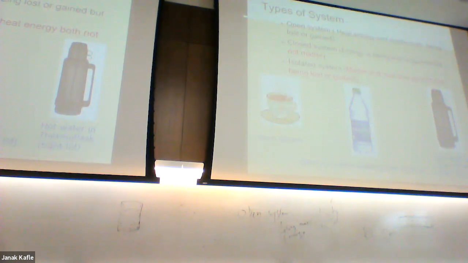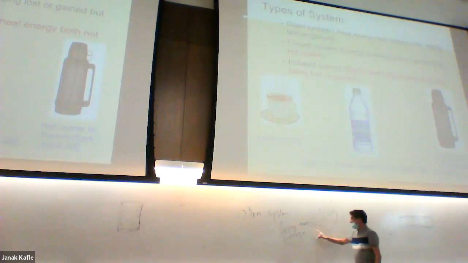So an open system is something that loses mass as well as energy. An example is a coffee cup without a cover. If I cover it tightly, the water will not go out, right? So the open cup with the coffee here is an open system.